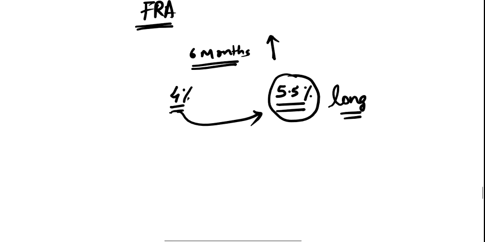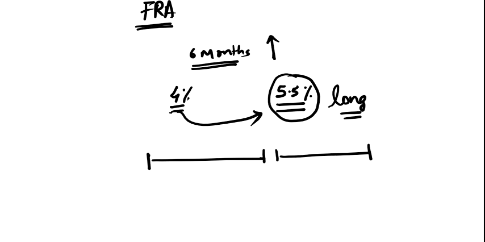Now suppose I entered into a contract with someone today. For 100 rupees. Okay, it is a contract for 100 rupees. Today the market rate prevailing is 4%. Clear? For 6 months, but you feel that after 6 months the market rate for the 6 month loan will be equivalent to 5.5%.